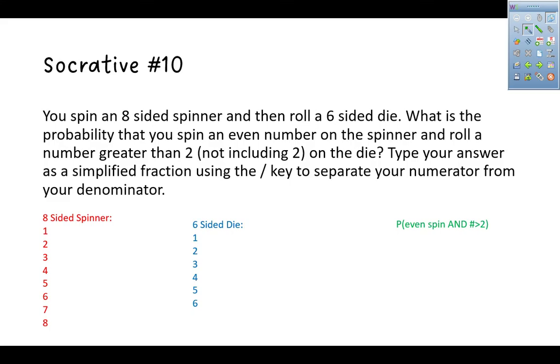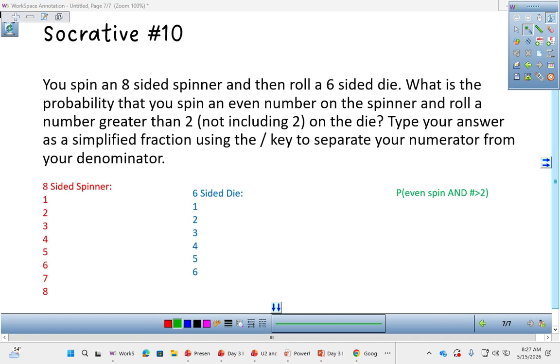So I listed everything out. Let's just make sure you have all the parts. All right, so it says if we are spinning the 8-sided spinner, we want to spin an even number. So here are my even numbers on the spinner. For even numbers, 4 out of 8 numbers on the spinner are even.